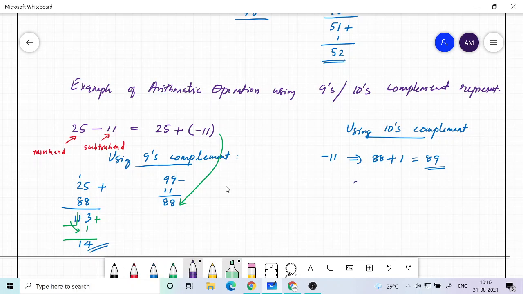So then we have 25 plus 89. So that will give you 4, and then carry 1, which is 11. And all we need to do here is just discard the carry that was created. Okay, just discard. The answer is already here. Discard the carry and you have the answer.